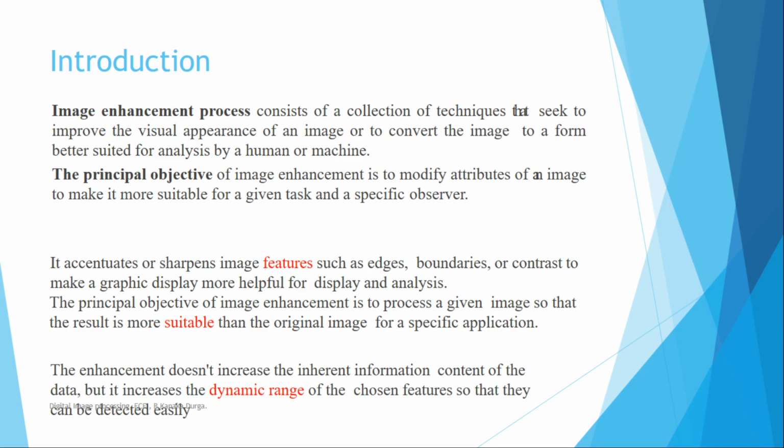Whenever we apply the enhancement process, internally we are increasing the dynamic range of the image. So image enhancement is a process to improve the quality of the image for better visual appearance, either for a human being or for a machine.